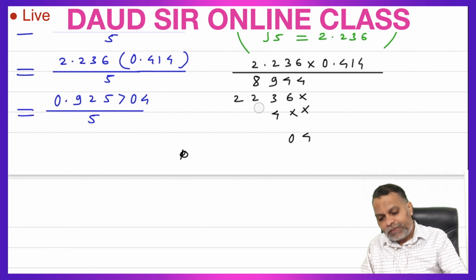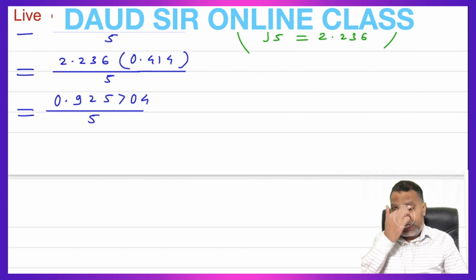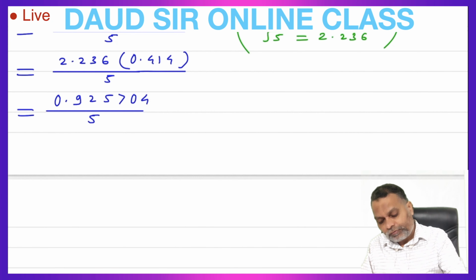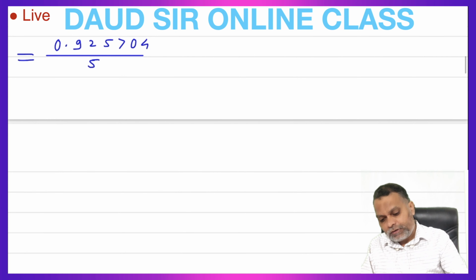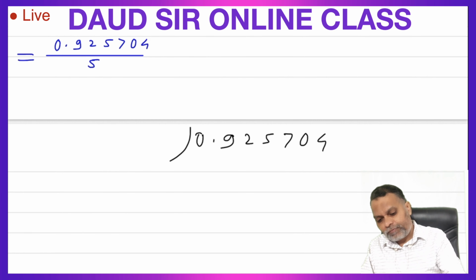Now we can rub this. Now divide this by 5. 0.925704, dividing by 5. Decimal.